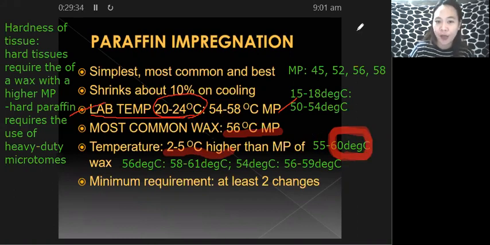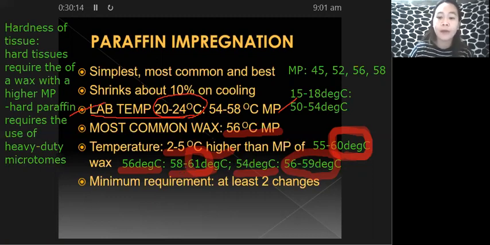So say for example, for the 54 degrees Celsius wax, the best answer would be 56 to 59 degrees Celsius. But if the melting point of the wax is 56 degrees Celsius, remember, we cannot use 61 because it's already above 60. So for this one, you should adjust it to 58 to 60 degrees Celsius. So it's a case-to-case basis, as long as it does not exceed 60 degrees Celsius.